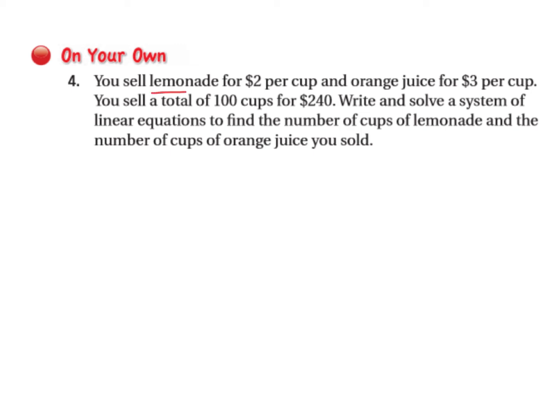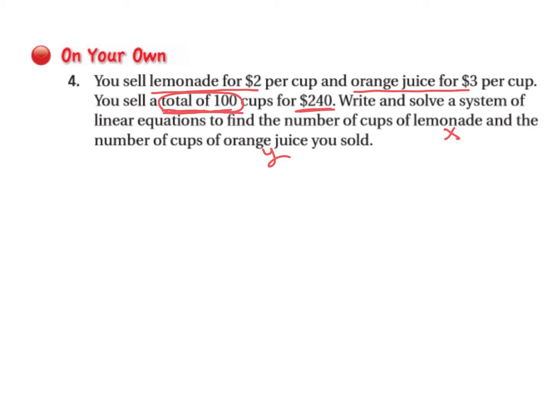You sell lemonade for $2 a cup and orange juice for $3 a cup. You sell a total of 100 cups for $240. Write and solve a system of linear equations to find the number of cups of lemonade and the number of cups of orange juice. So I'm going to make lemonade x and orange juice y. I don't care which one is which as long as you keep them separate, clear in your problems.